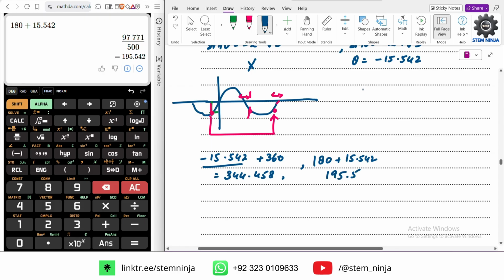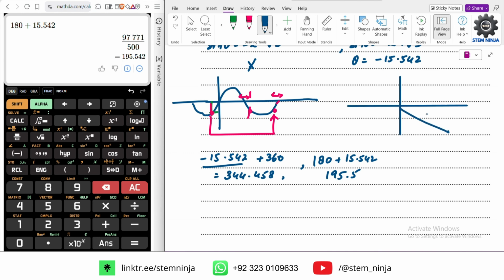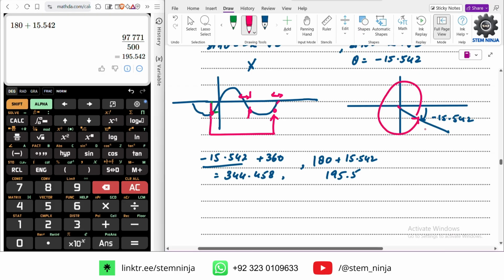Let's see this same thing with a cos diagram. So minus 15 means that this is currently minus 15.542 over here. So the same angle from 0 to 360 degrees. So one would be exactly one rotation over here.